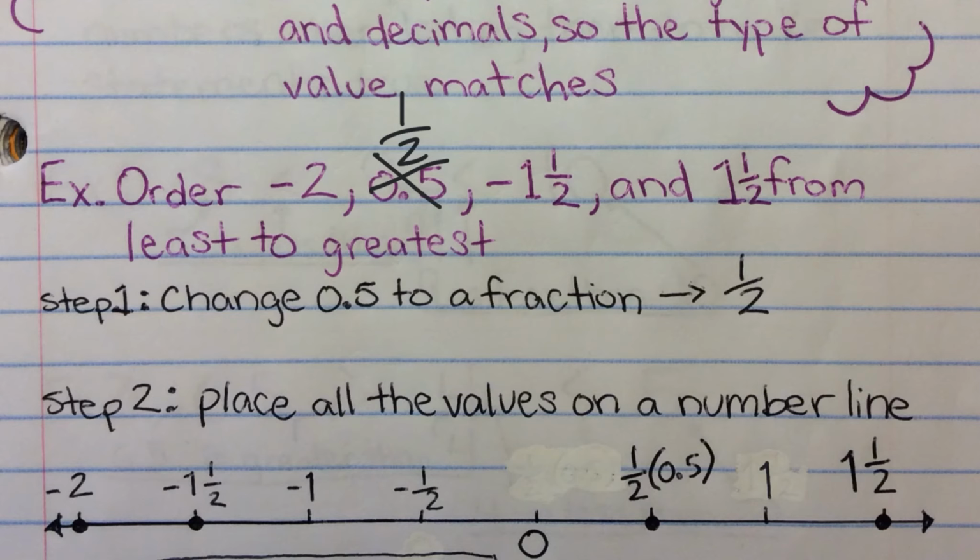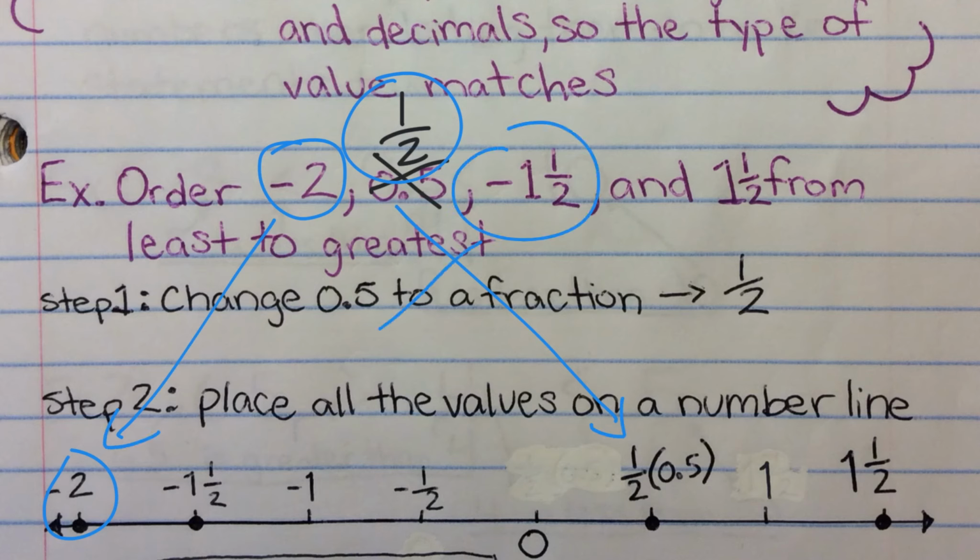So here we will circle the 4 rational numbers that we want to put on the line. -2 is here, 1/2 is here, -1.5 is here, and then 1.5 is here.